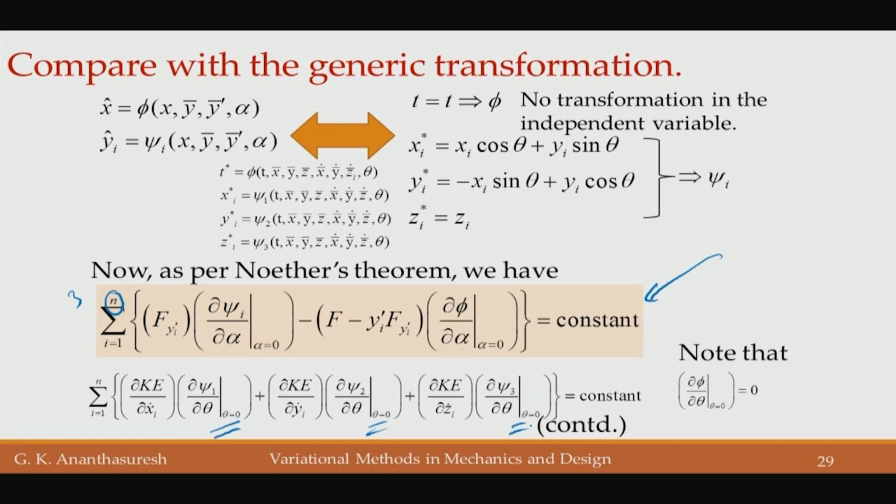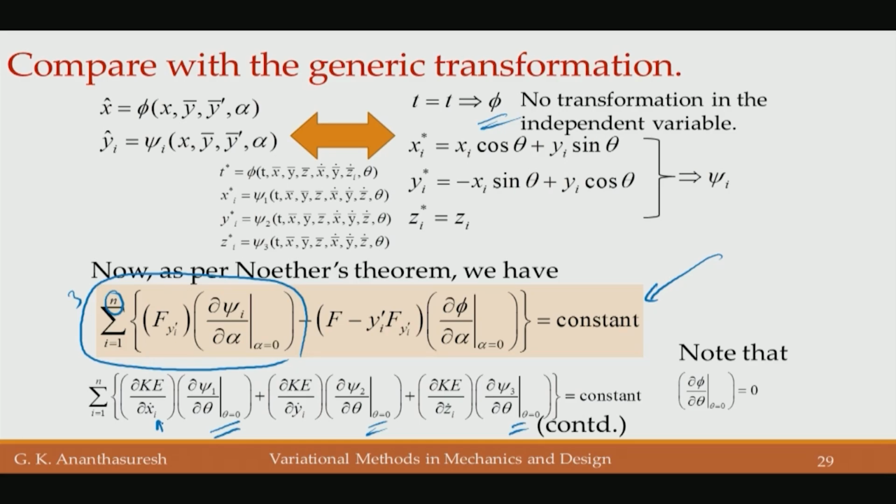So, we are basically looking at dou phi by dou alpha, because phi does not have anything, so that is just 0. We are focusing only on this thing. We have n particles, i goes from 1 to n, otherwise the functions we have are only 3, that is x1 of t, y1 of t, z1 of t.